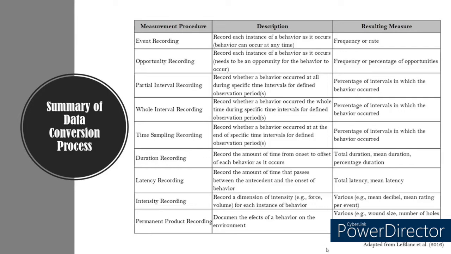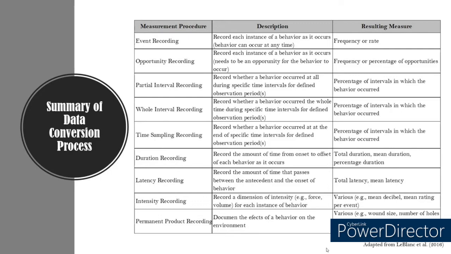Next, time sampling recording. What is time sampling recording? Where we record whether the behavior occurred at the end of the specific time interval for the defined observation period. So if we are making 10 bins of 5 seconds, we see every 5th second, 10th second, 15th second, 20th second, was the behavior there?